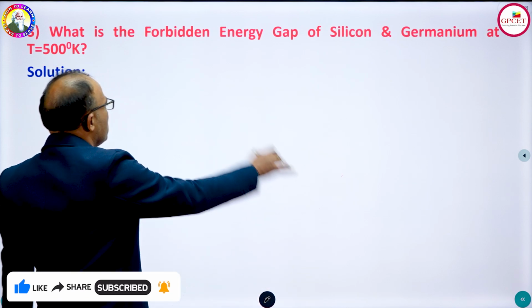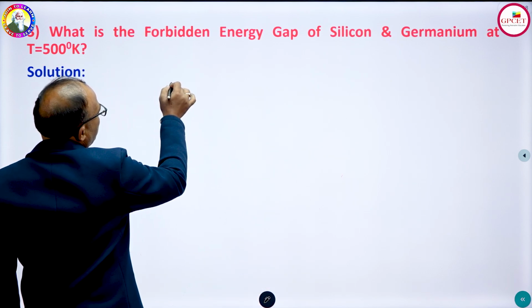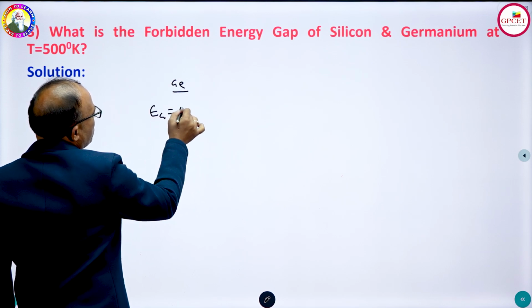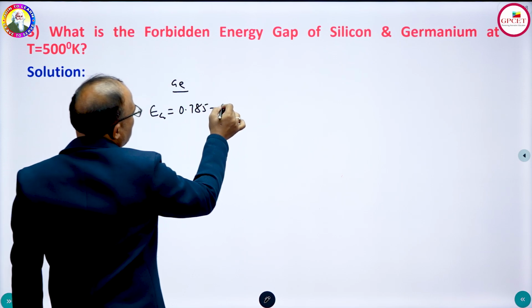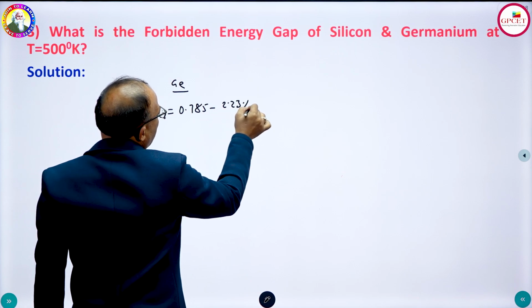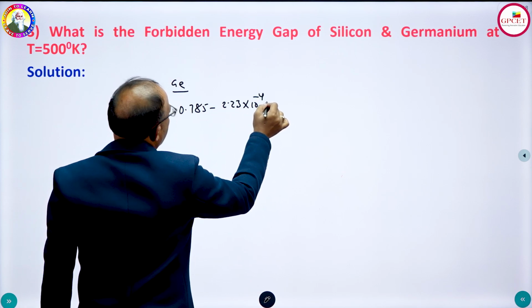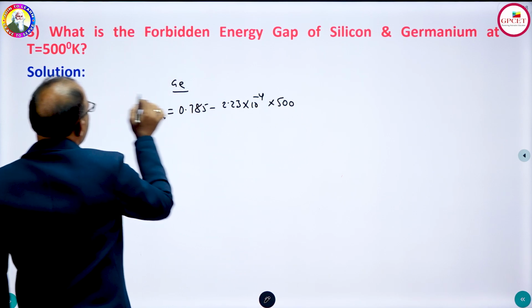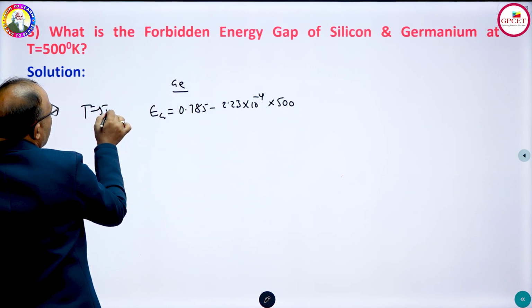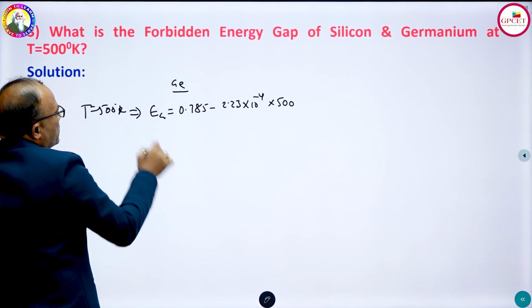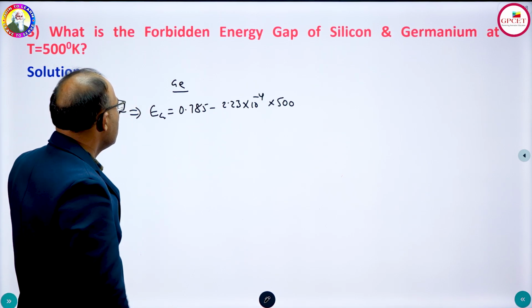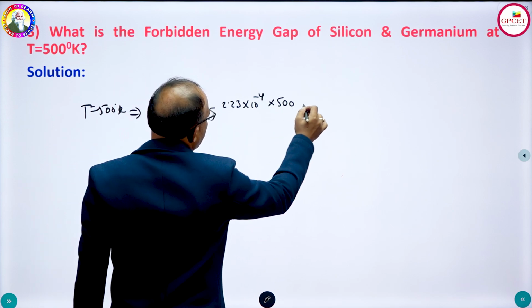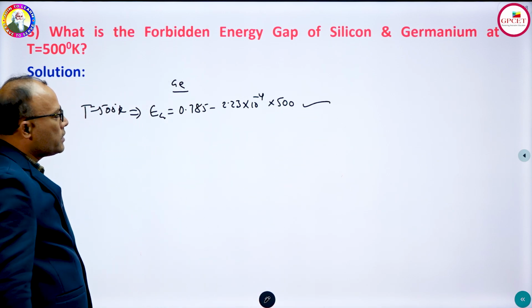For the same example of germanium at 500 degree Kelvin, Eg is equal to 0.785 minus 2.23 into 10 power minus 4 into 500. Capital T is equal to 500 because 500 degree Kelvin means substitute T value as 500. This is for the germanium case.